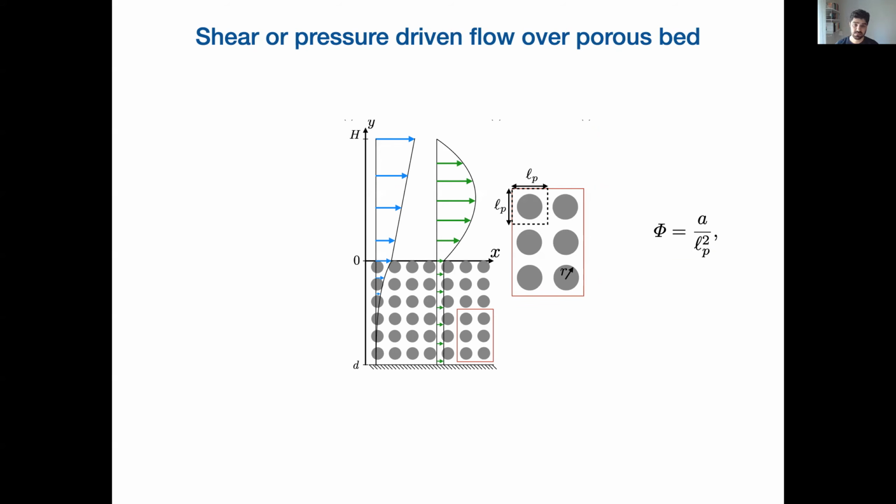Or we have a constant pressure gradient that drives the flow both in the free flow domain and inside the porous material, which is shown here with green arrows. So this is the problem we consider.